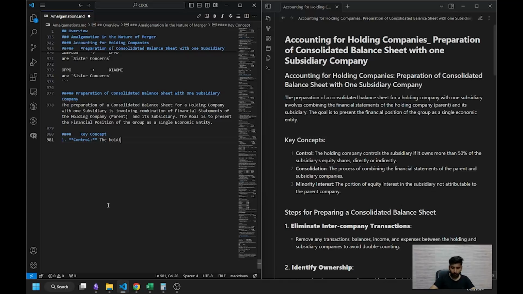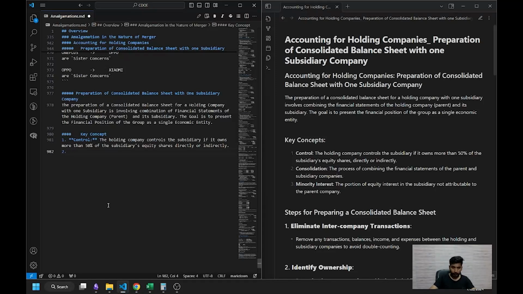The holding company controls the subsidiary if it owns more than 50% of the subsidiary's equity shares, either directly or indirectly.